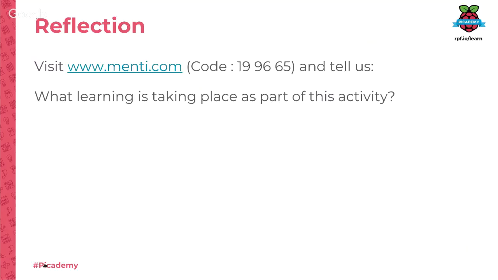If you go to Menti now, you should find a chance to reflect upon and describe what you think the learning is that's taking place in this activity. So perhaps we could spend a moment doing that. Hopefully we have a live audience still out there and they've not all left us, and we'll have a few comments happening on Menti in just a second.